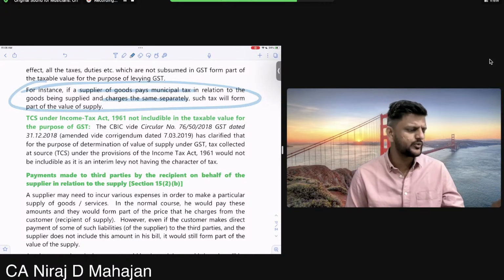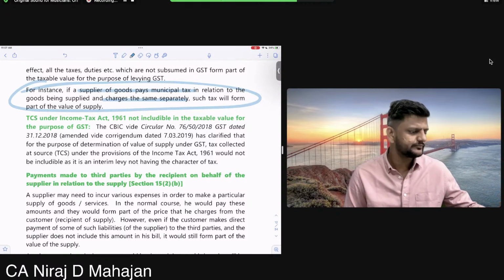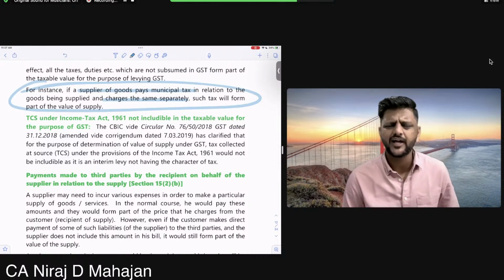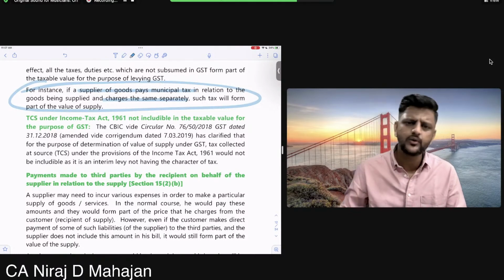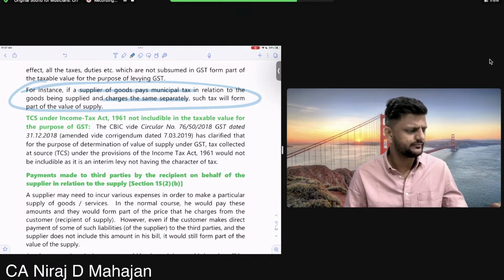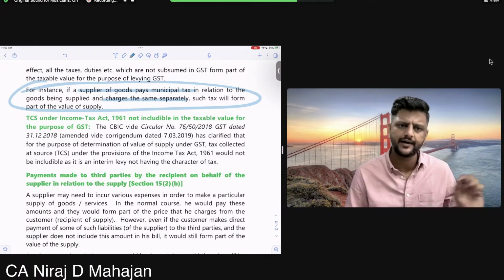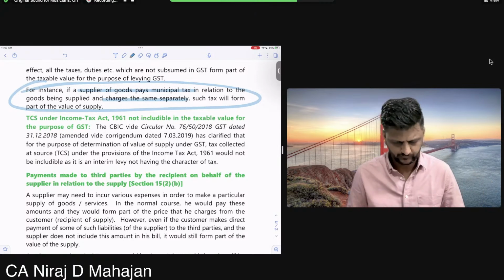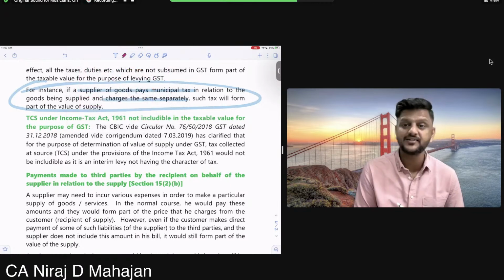Or today also, when you use a cab and you go to the cantonment area, you have to pay some charges to enter the cantonment area, any kind of commercial vehicle you're taking inside. So that is again recovered from the recipient, that is added in the value of supply, because this is also tax.